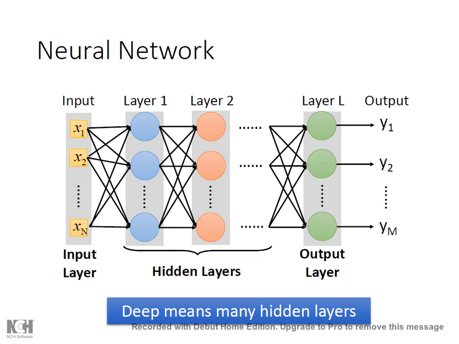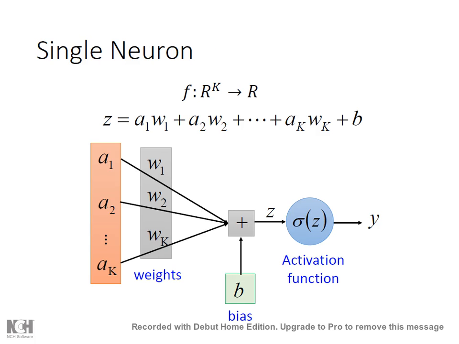Okay, then I will tell you how to compute from the input to the output. Let's take a simple example, the single neuron. In this case, it's just a single layer.